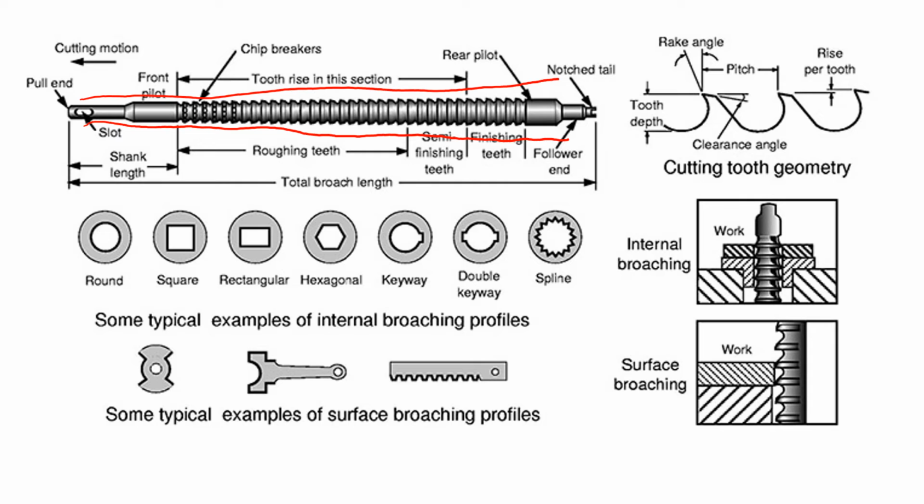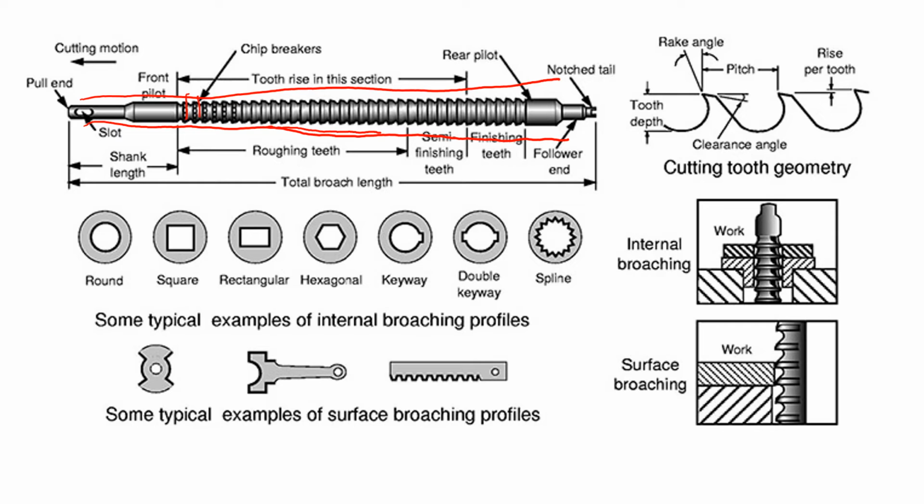Each of these parts is actually a cutting tooth. They start with a small part and then it goes up and enlarges, where the process goes from roughing to semi-finishing, finishing, and until the end.